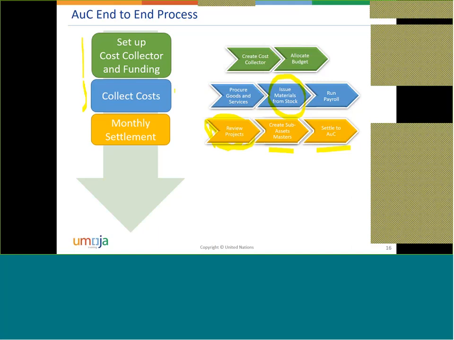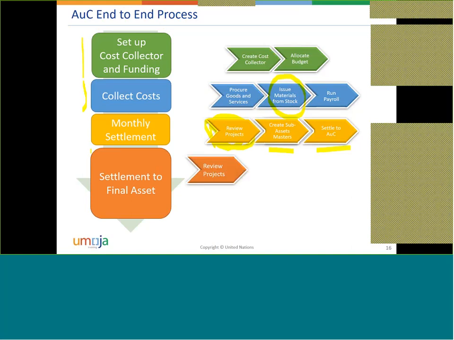So what is the final step of the end-to-end? We said it's the orange box, that is the settlement to final asset. And this one has many steps as well. Let me just review them.